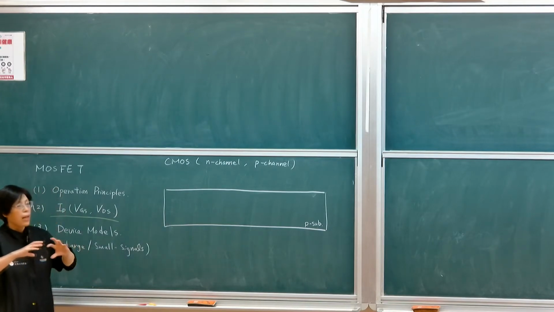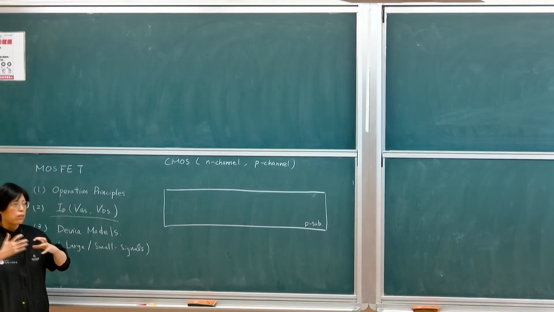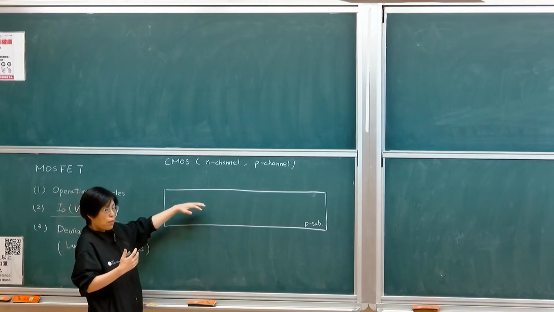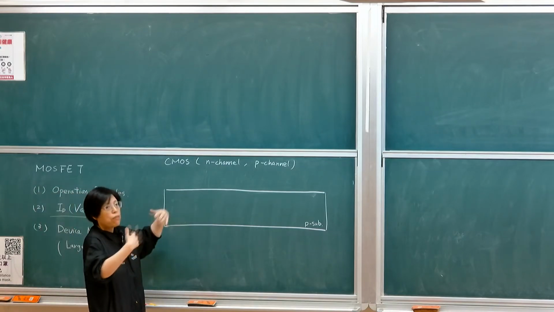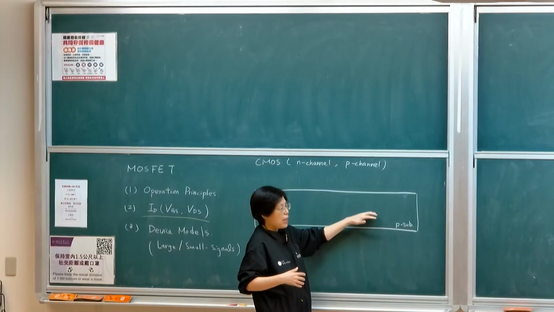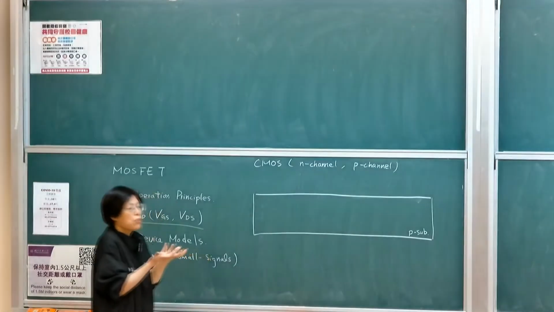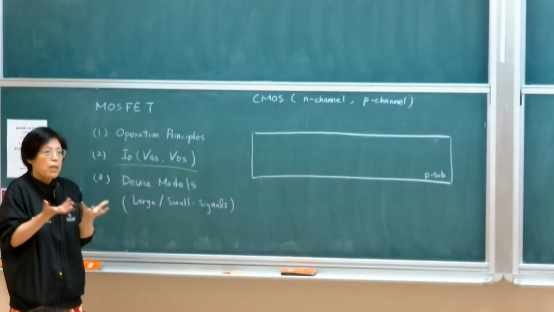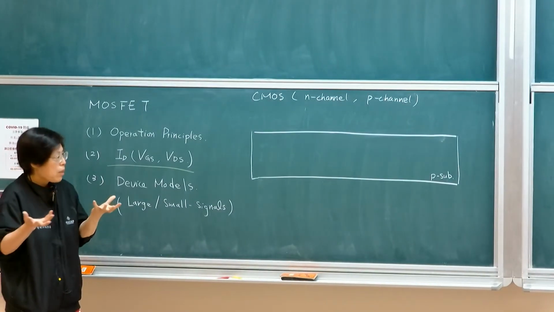The key important thing is that if I want to construct an N-channel device, I want to have my substrate as P. It's an inverting type of operation. If you have a P-channel device, you want your substrate to be N. Therefore, you need to have different type of semiconductor material on the same substrate.